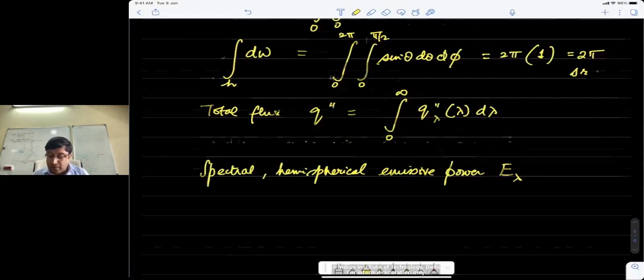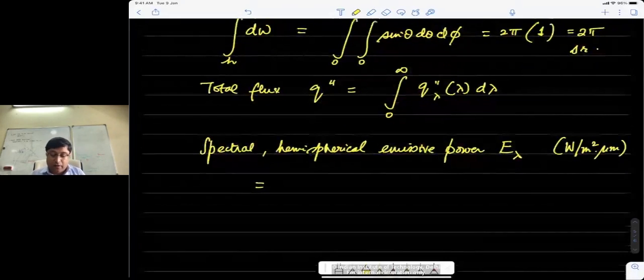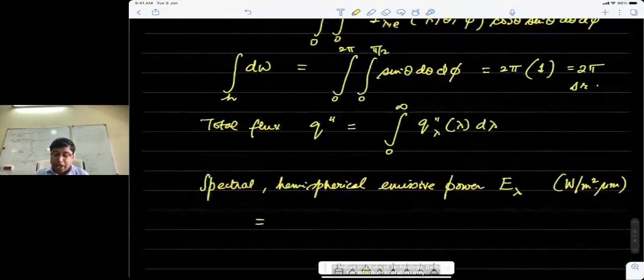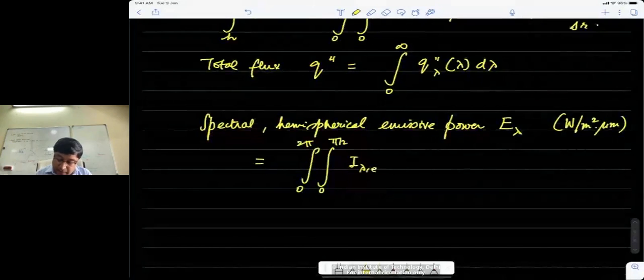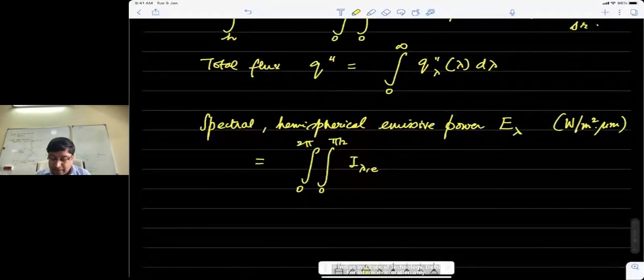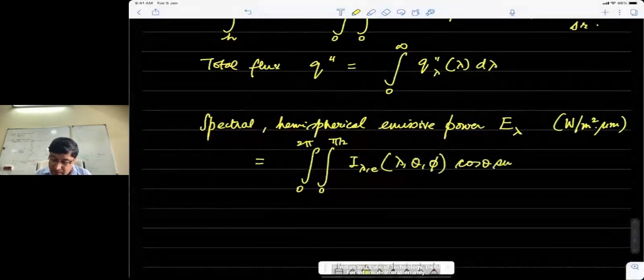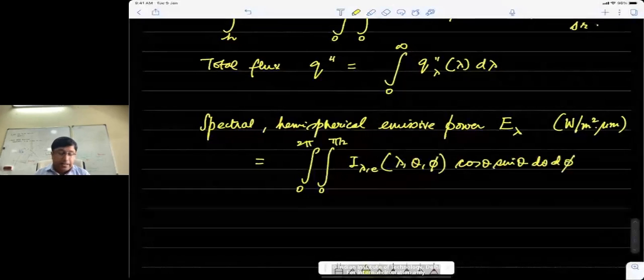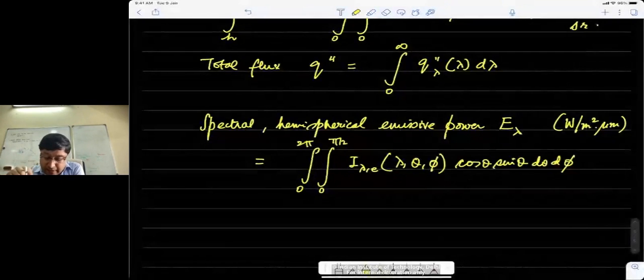This has units of watt per meter square per micron, and it is the same as what we defined as the spectral radiation flux. So this will be again integral 0 to 2 pi, 0 to pi by 2, of the emission intensity I lambda e, lambda theta phi, cosine theta sine theta d theta d phi. That is the spectral hemispherical emissive power.